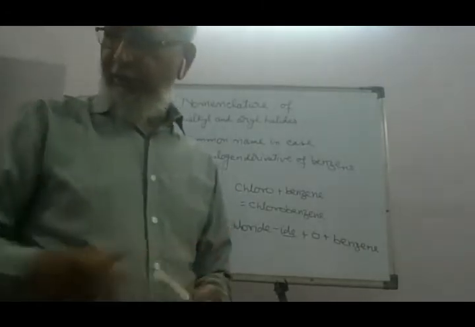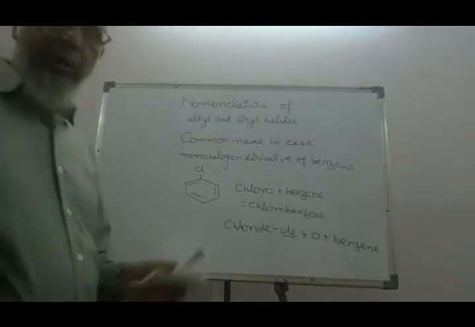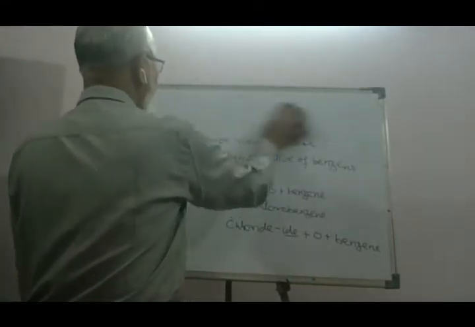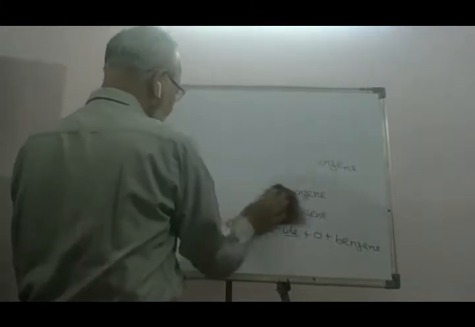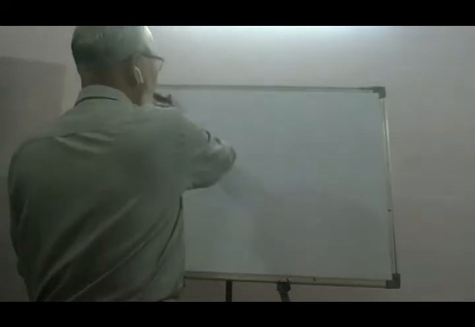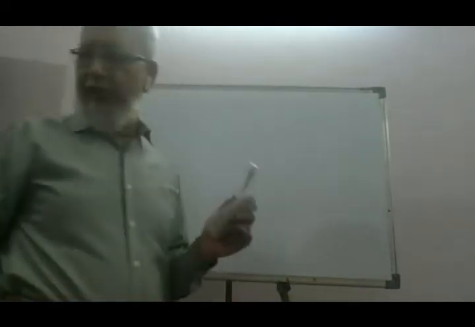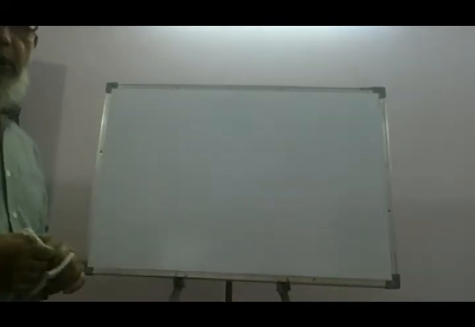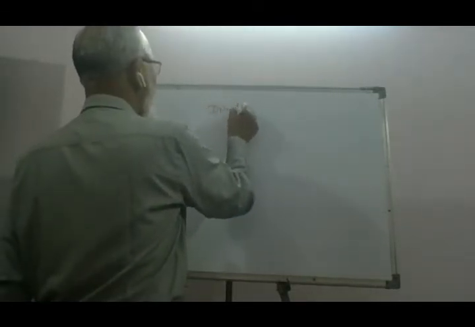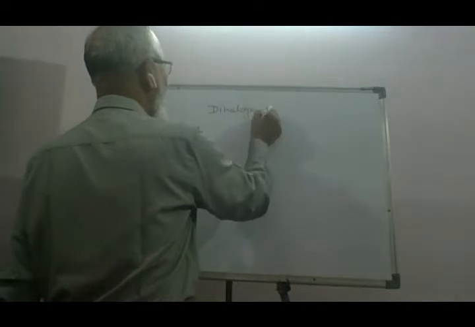Now let us take the case of dihalogen derivatives of alkane as well as of benzene. In case of dihalogen derivative of alkane, it can be of two types.